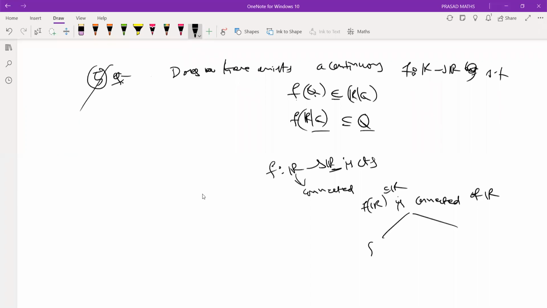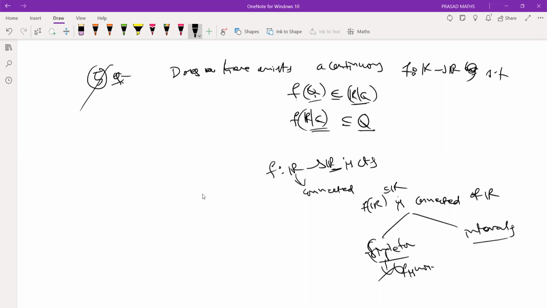I already told you they are singletons or intervals. Are they singletons? No, because f takes irrationals to rationals and rationals to irrationals. Therefore, they are not singletons. Therefore, f is a non-constant function.